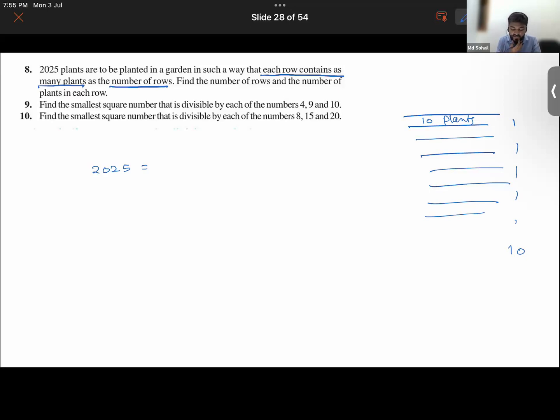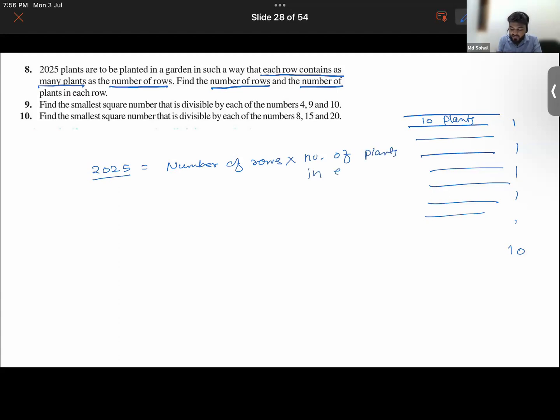So how are we going to find it out? Let's check it out. Number of rows multiplied by number of plants in each row will be equal to 2,025.